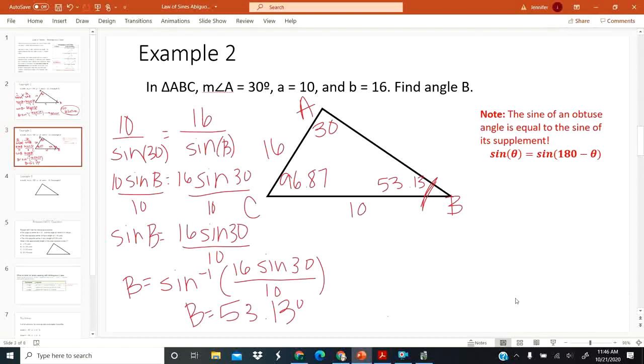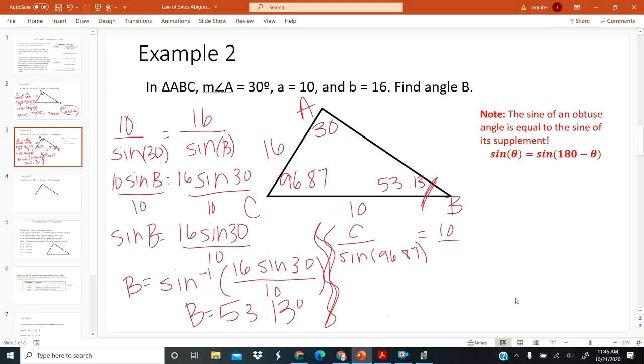I do want to check to find side little c to make sure that that's going to be my longest side, because I need my longest side to be across from my biggest angle. So really quick, we'll find side little c. It's going to be over sine 96.87. And that's going to be equal to, and we're just going to use A again because that's the one that was given.